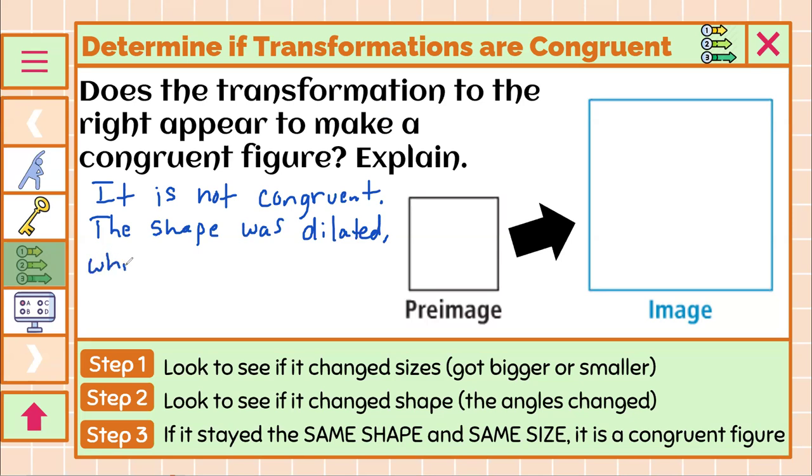I'll say it was dilated, which changes the size of the shape, which we cannot have if we're trying to make a congruent figure. There we go. It is not congruent. The shape was dilated, which changes the size of the shape.